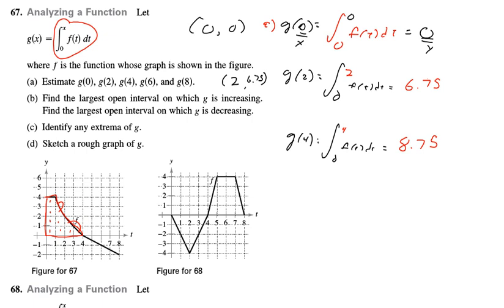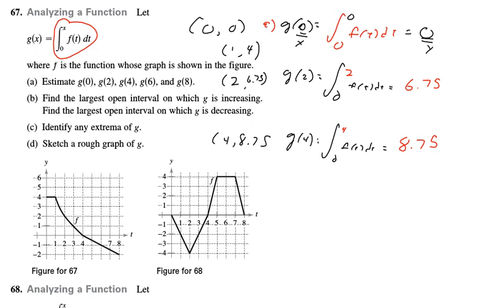So here's another coordinate we have for our g graph: 4, 8.75. If you wanted to find more values, you could find 1, 2, 3. You could find all the values. If you want to find the value at 1, we're here, right? This function here is just 1, 2, 3, 4. So 1, 4. We know that that's a value.